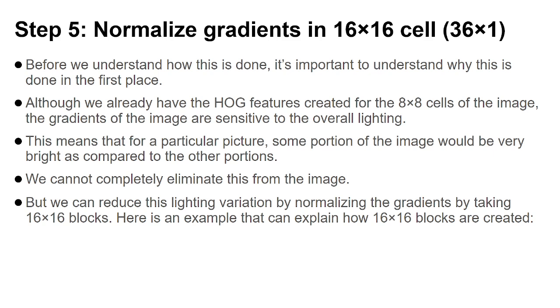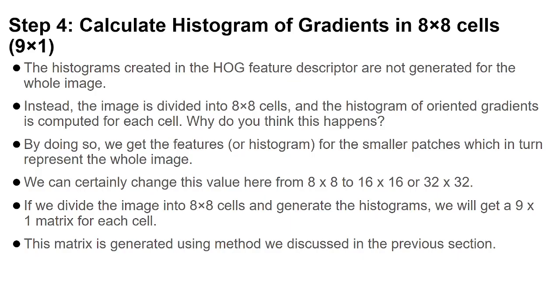Although we already have a HOG feature created for the 8 by 8 cells of the image, gradients of the image are sensitive to overall lighting. So this step normalizes the gradient in the 16 by 16 cell, which is 36 by 1, made from four 8 by 8 cells with 9 by 1 each.